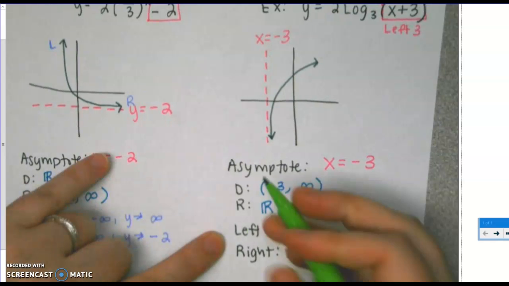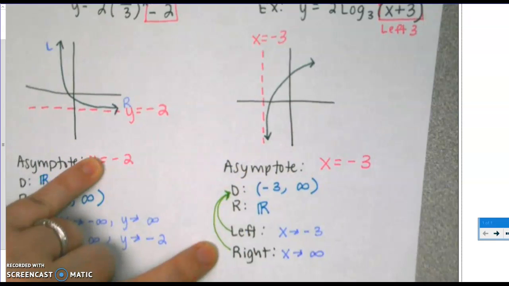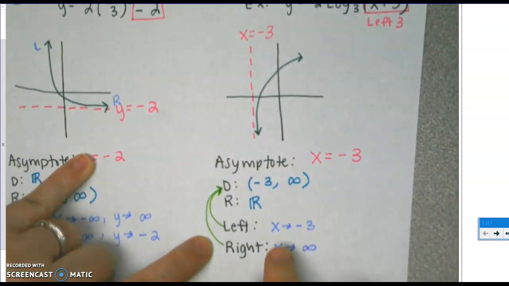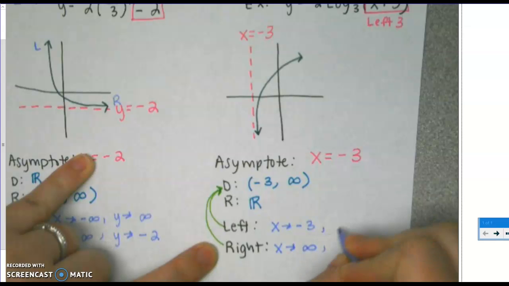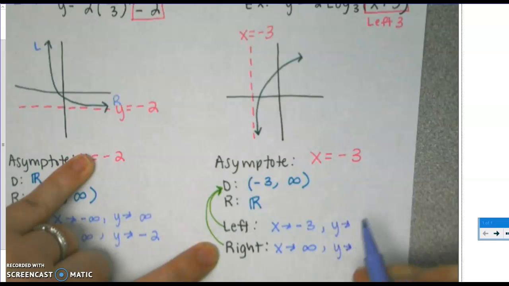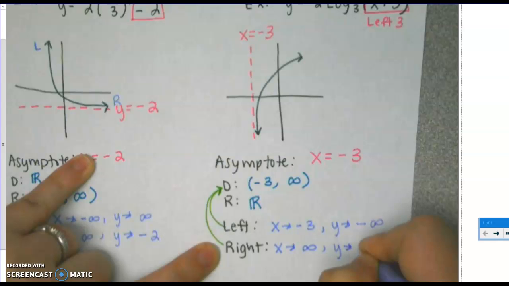If you notice, for these, your left and your right arrow should match the parts of your domain. So my left arrow is pointing down. My right arrow is pointing up.